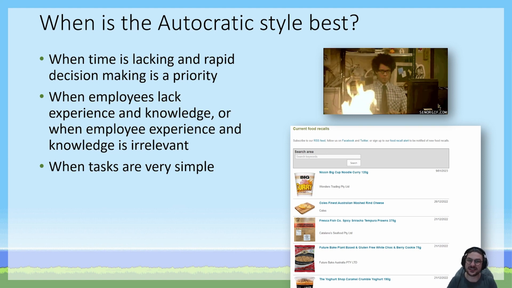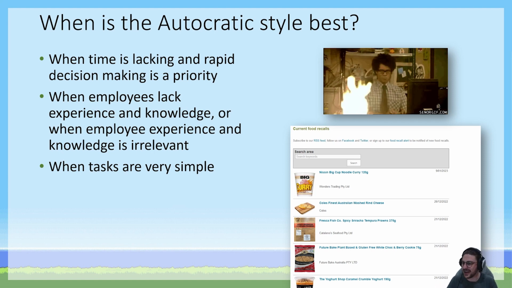They don't necessarily need to form a round table and start consulting with people to work out what the right thing to do is under this situation. It doesn't matter if you're a highly skilled employee. In this situation, it is appropriate for a manager to just adopt an autocratic style and get people out safely and quickly.